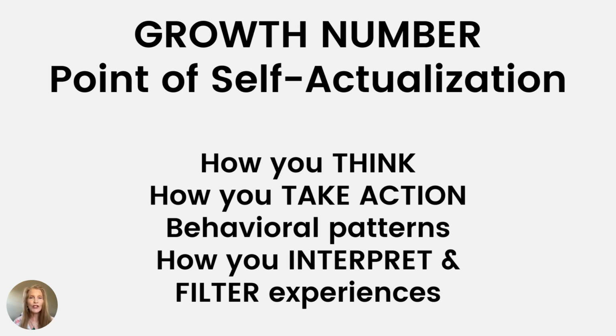In numerology, the first name is called the growth number. It is representative of your point of self-actualization. It can tell you how you think, how you take action, your behavioral patterns overall. What are your default behaviors, right? It's always funny.